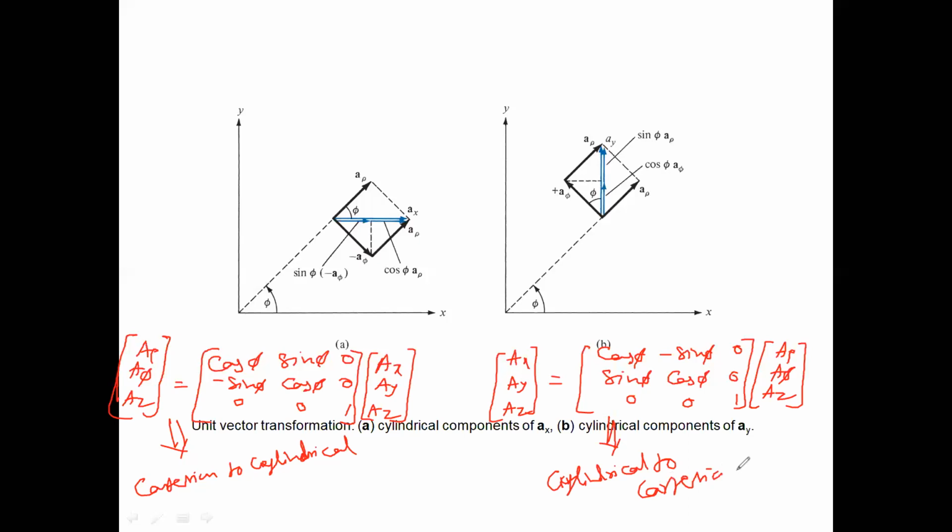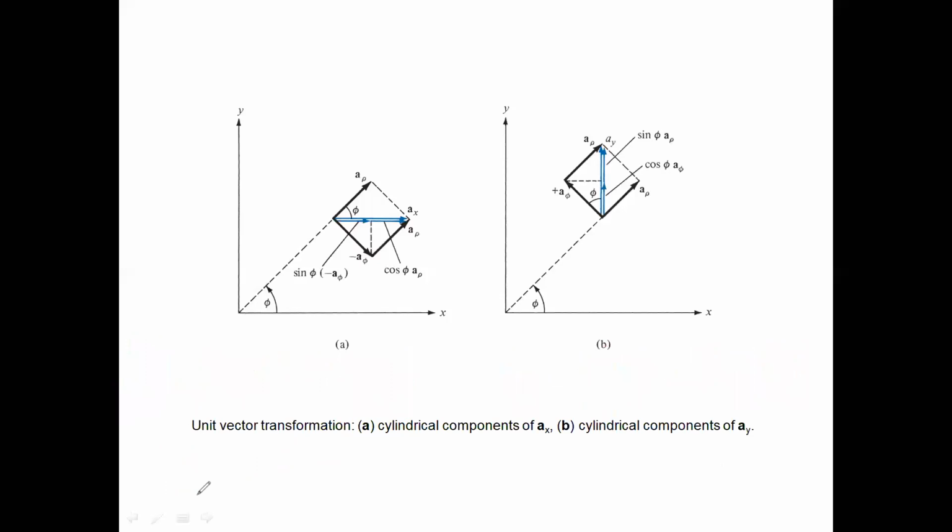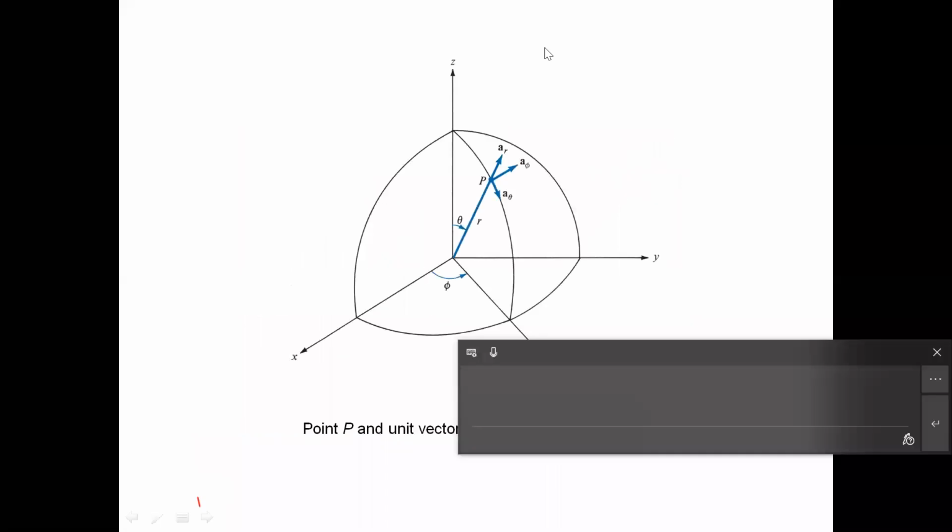Okay, these are both the relations that have been shown here. Now we will move on to the next one, that is spherical coordinates. We will look at the spherical coordinates now.